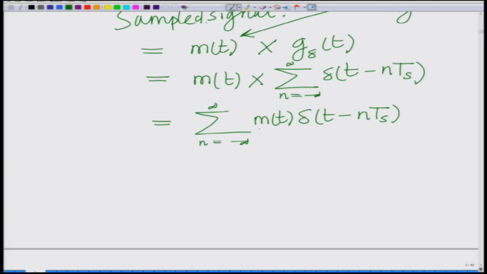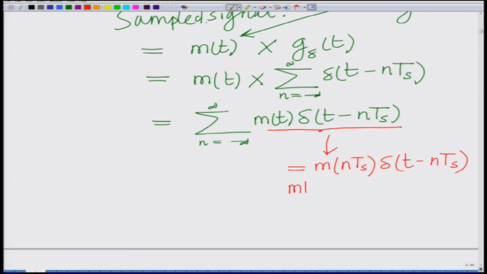Now you can use the property that m t into delta t minus n Ts is equal to m of n Ts into delta t minus n Ts, where we are using the property that m t into delta t minus t naught equals m of t naught into delta t minus t naught.